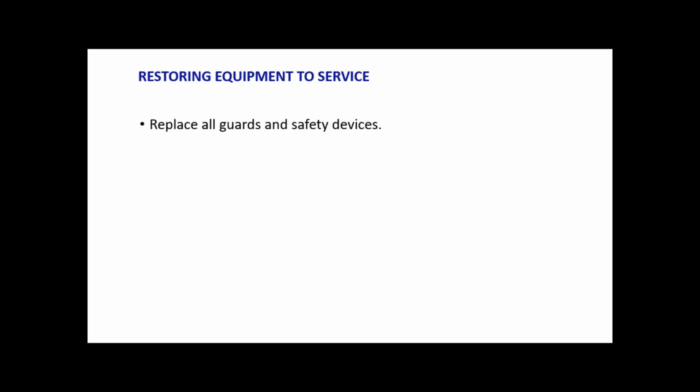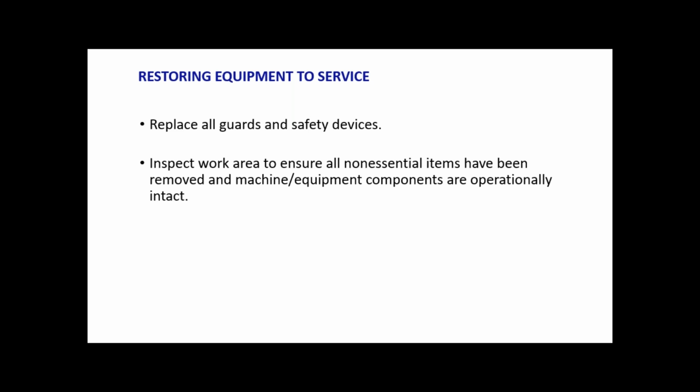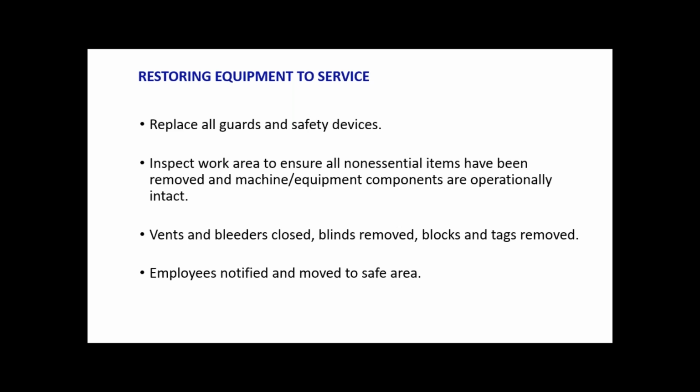That can be done by replacing all guards and safety devices, then inspecting the work area to ensure all non-essential items have been removed and machine or equipment components are operationally intact, vents and bleeders closed, blinds removed, blocks and tags removed, and then employees notified and moved to the safe area.